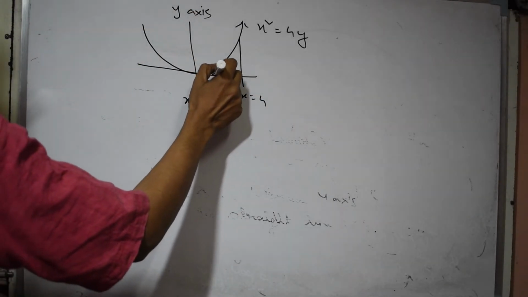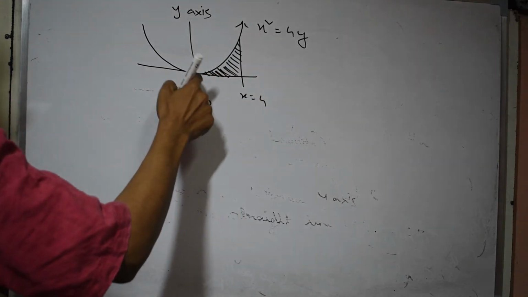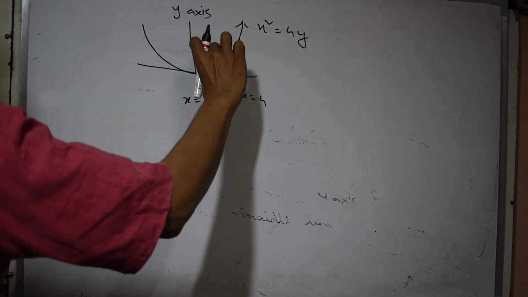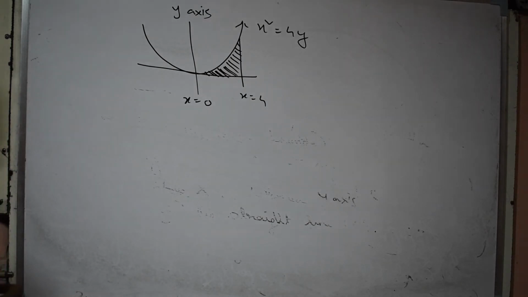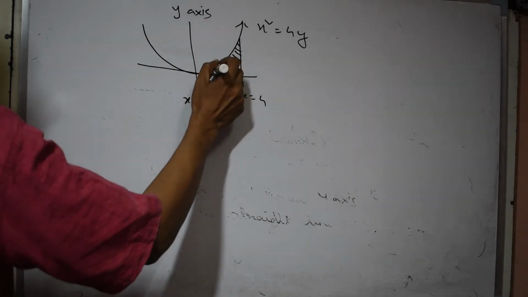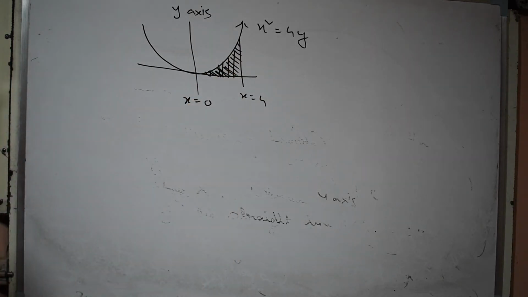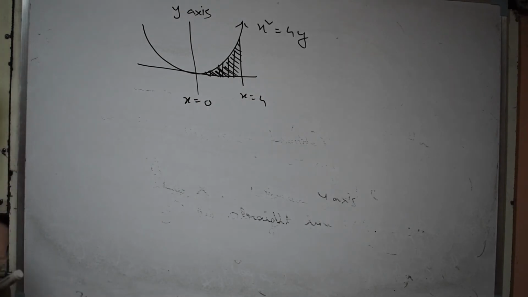Now if I shade this portion, we are getting the idea of this covered area. This is the bounded area. This height is y and this horizontal portion is dx. So if I take this portion, y dx, these vertical lines, and then integrate from 0 to 4, there is a definite value.